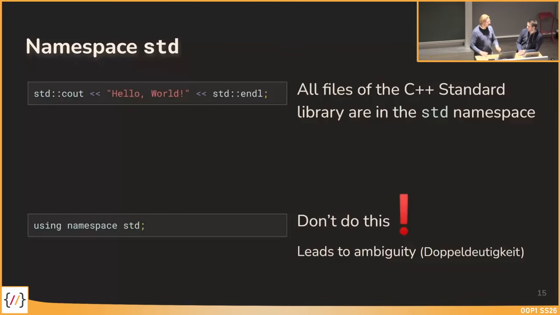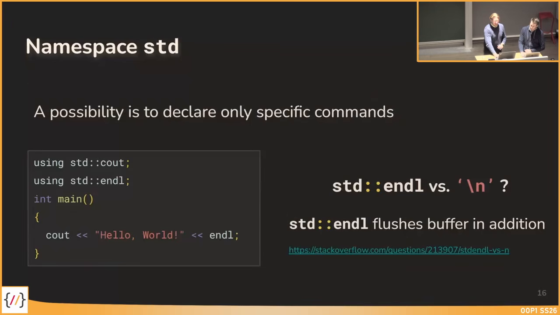We can take a look at it, and maybe this is something for the practicals where we can try this out, or you can try it out on your own. However, you should not do this. As far as I know, I think it compiles at least. But we don't know which one is used, which makes it even worse to find bugs. Okay, so please do not use using namespace std.